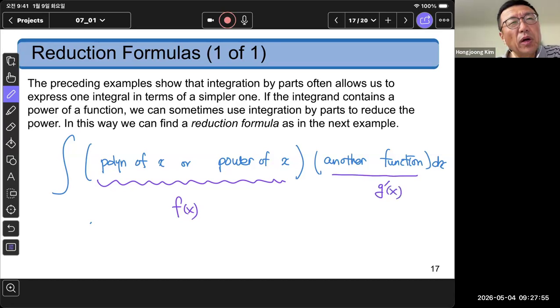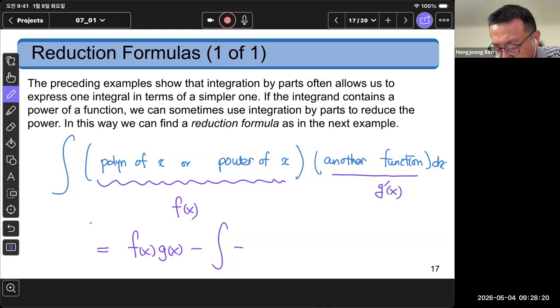So this is what people usually do. Because as I said, if I consider this polynomial of x or power of x as my f of x, then what are the terms on the right hand side in the integration by parts? You have f of x times g of x minus the integration of f prime of x times g of x dx.